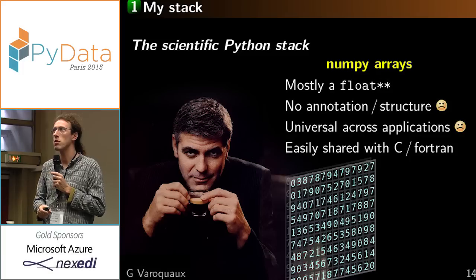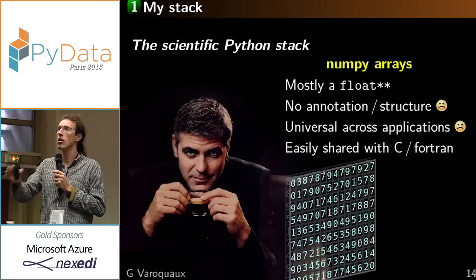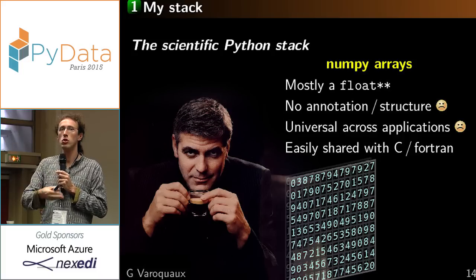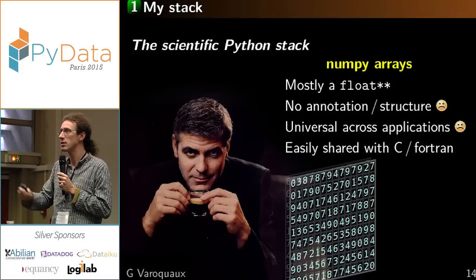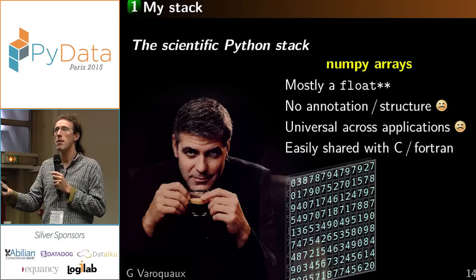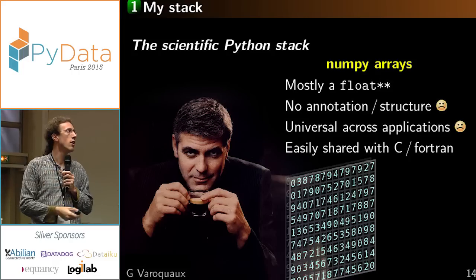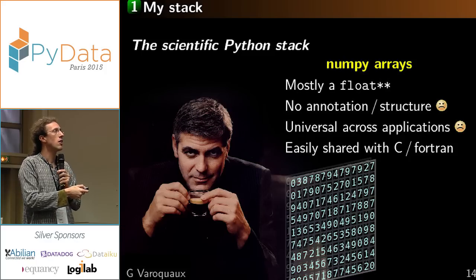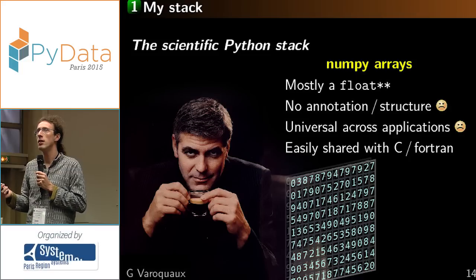Also, something that was extremely important for the choice was the scientific Python stack. Through the years, Python has developed a very strong scientific stack that was meant to solve problems like computational fluid dynamics or astrophysics or thermodynamics, so unrelated to data, but it means it has a very strong numerical core, including first the NumPy array. So what is a NumPy array?